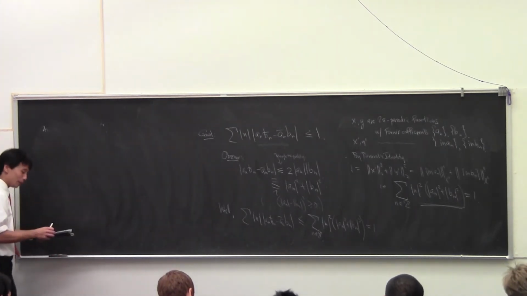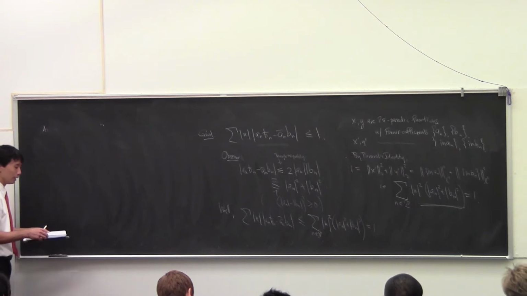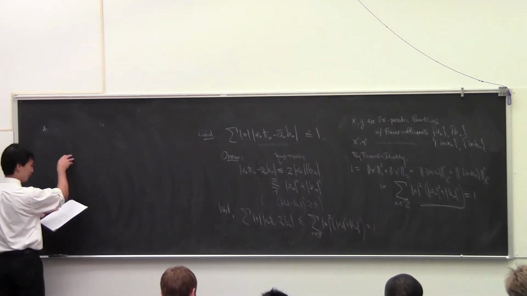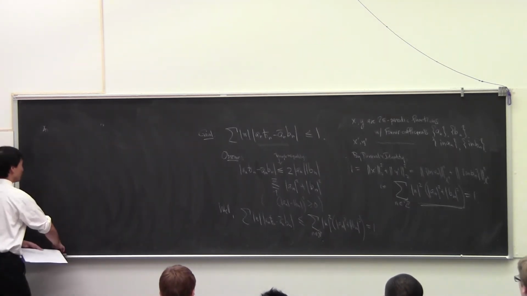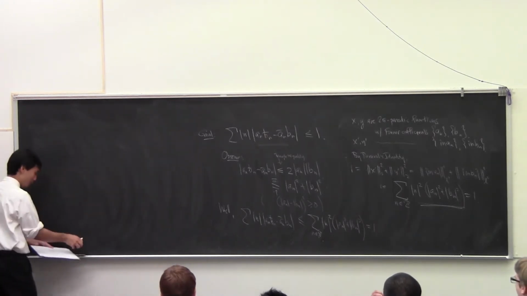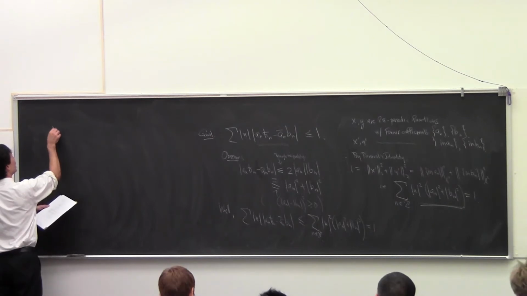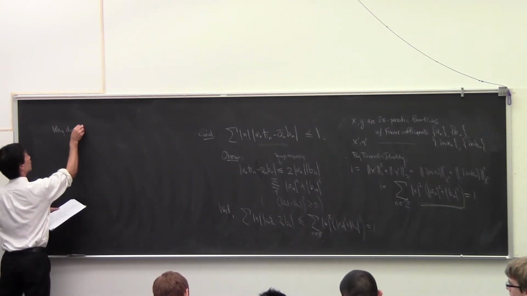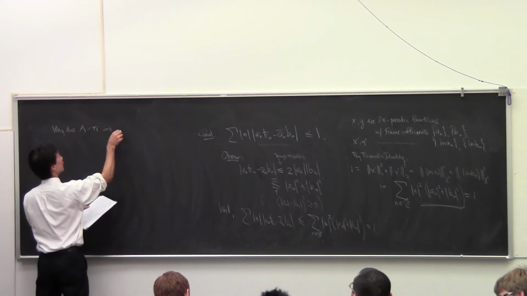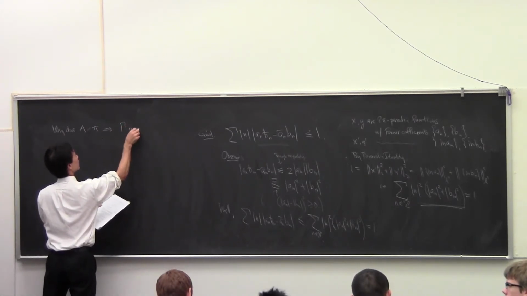the argument to show that we only get a circle is a little bit of a pain, but it's sort of cool, I guess. So why does equality in the isoperimetric inequality imply that gamma is a circle?